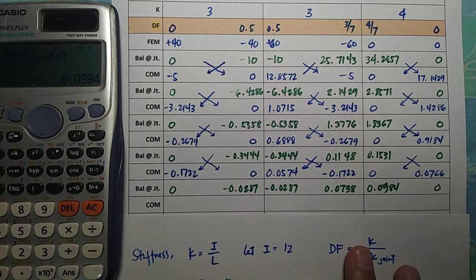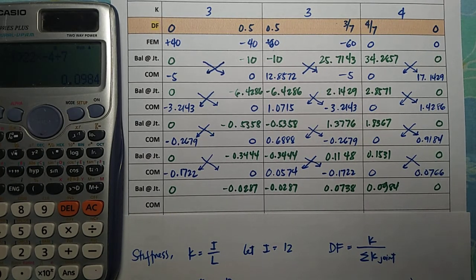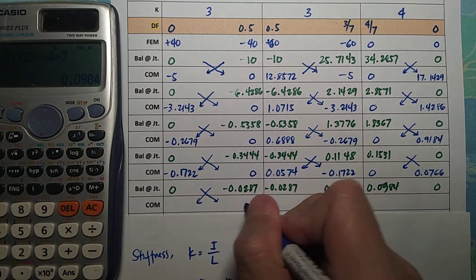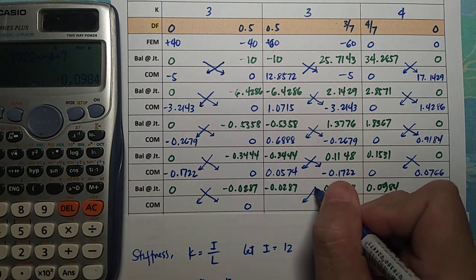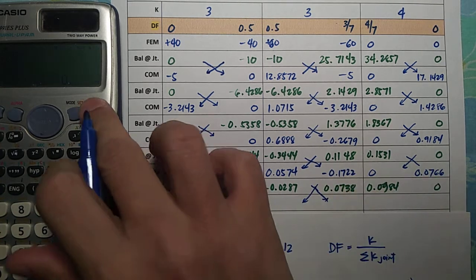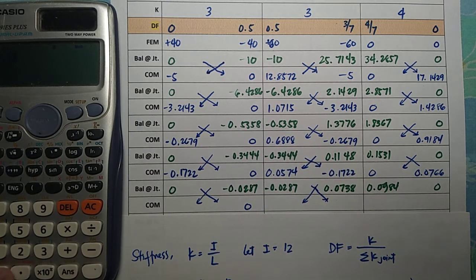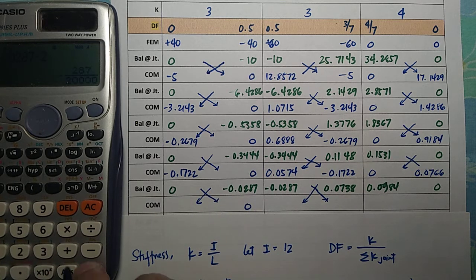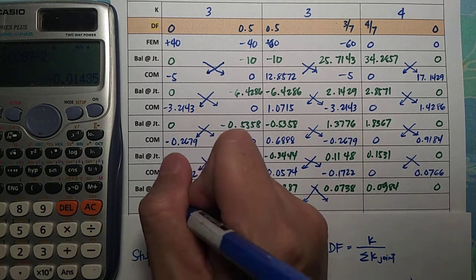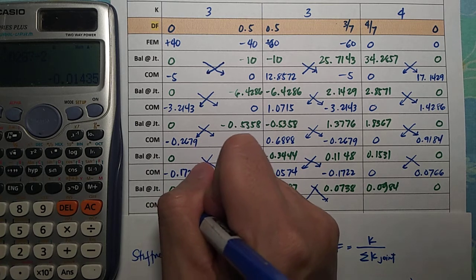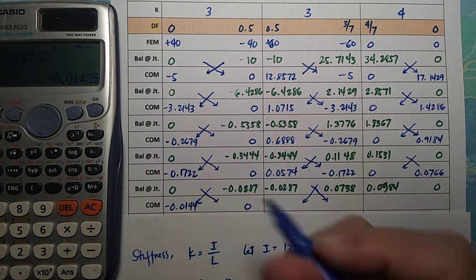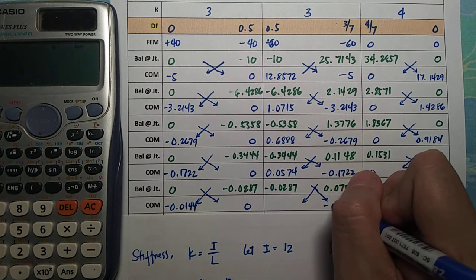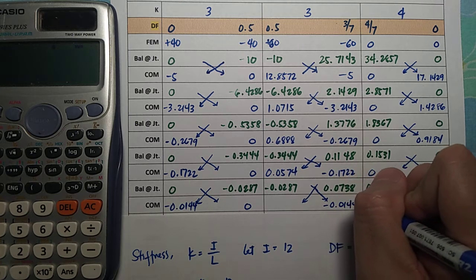COM. Diretso natin COM. So, ganun ulit. Kalahati. Crossover. So, 0. This is negative 0.0287 divided by 2. So, that's negative 0.0144. Okay. This one, ganun din, 0.0144.